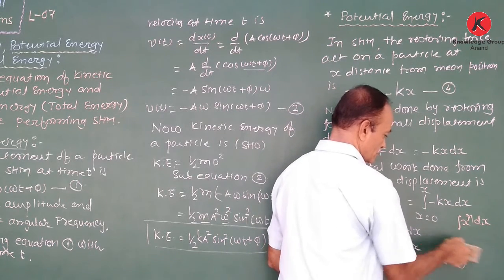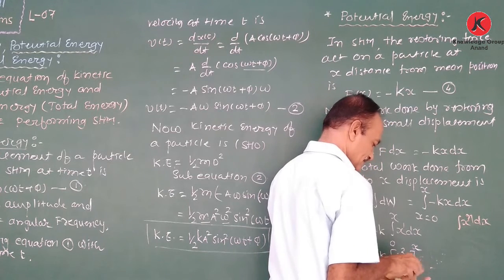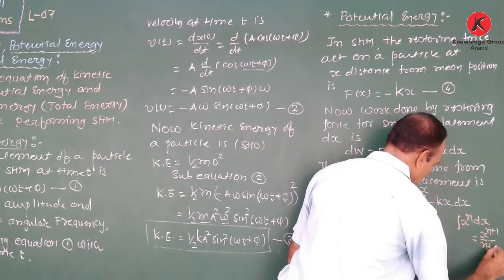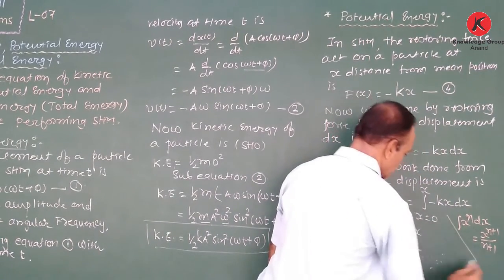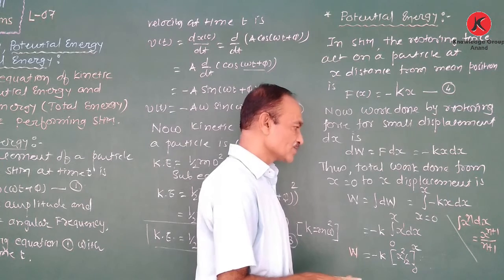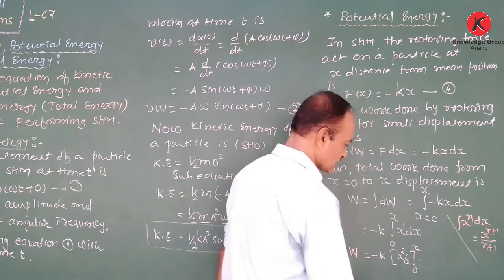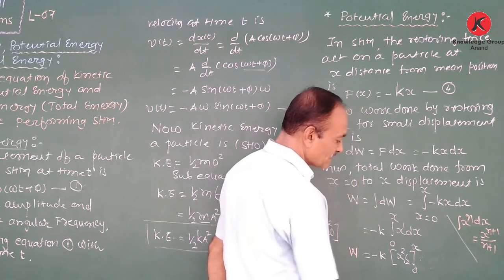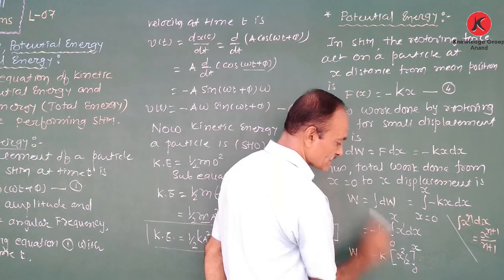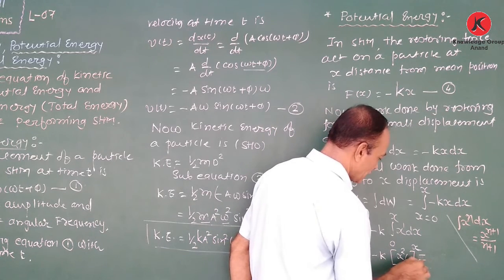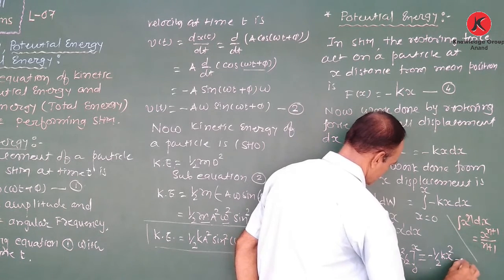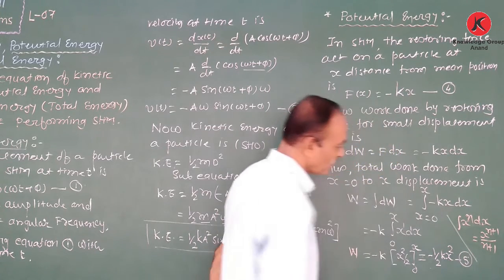Now, here the power of x is 1. Therefore, x raised to 1 plus 1 upon 1 plus 1, therefore x square by 2. Now we substitute x as the upper value, x square by 2, and then x as 0, 0 square by 2, that means 0. So we directly get minus half kx square. That is equation number 5.